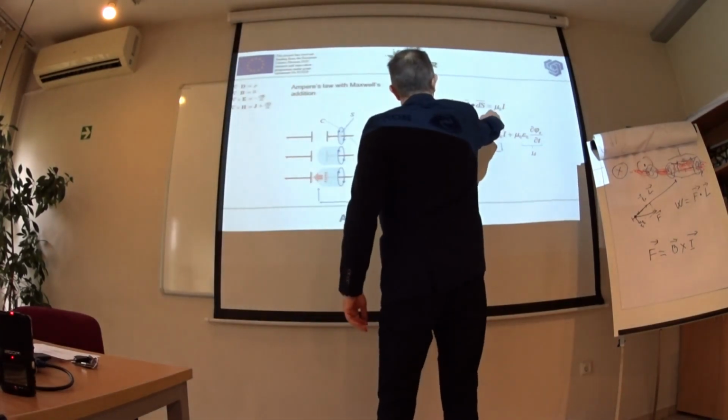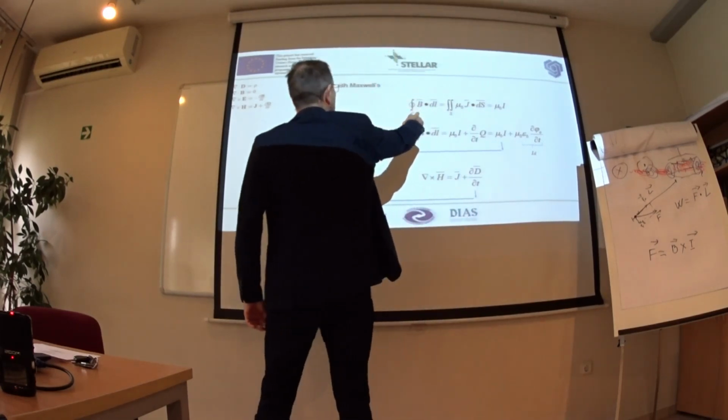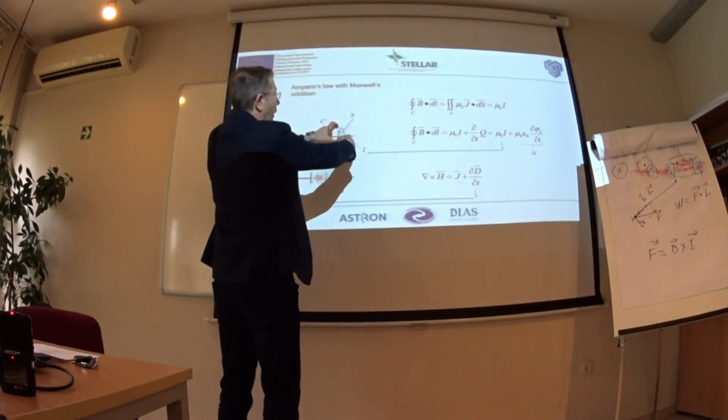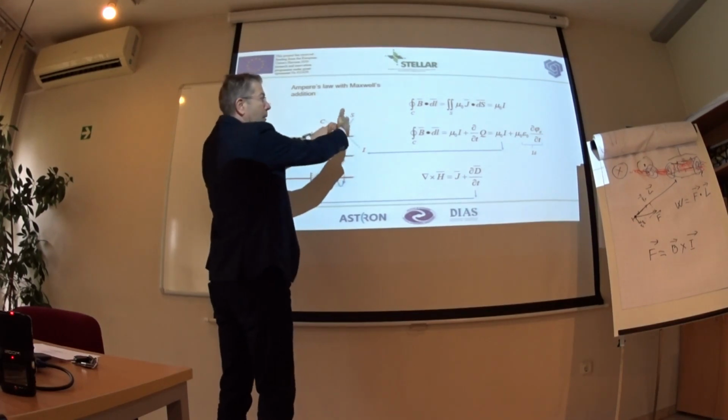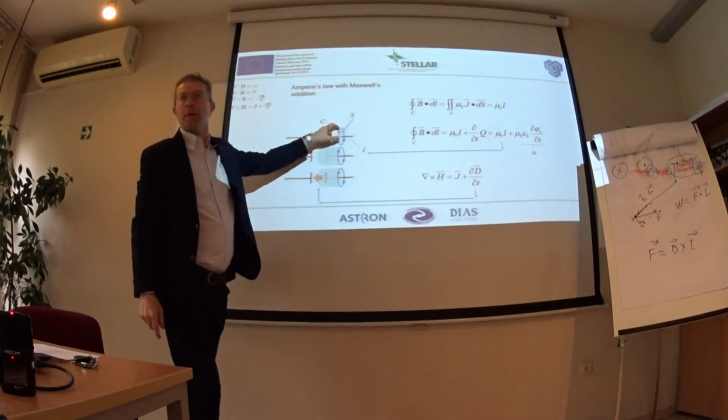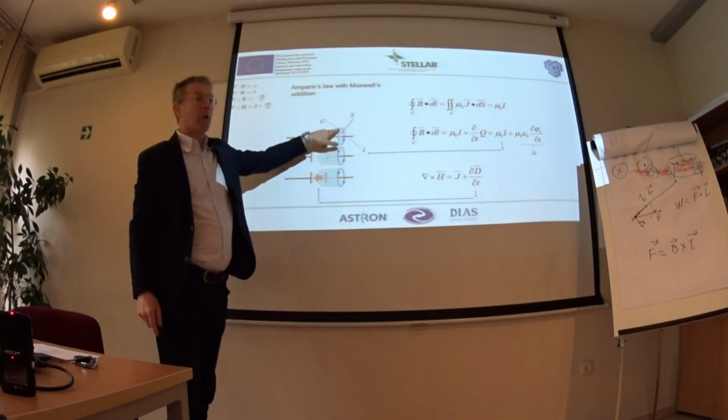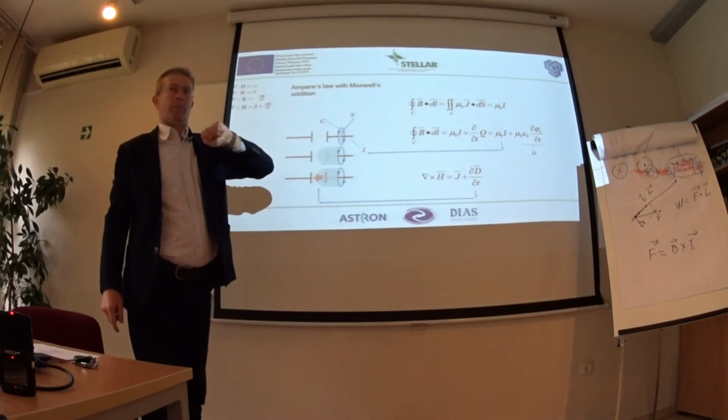The current equals the circulation of the magnetic field over a line that encompasses this area.